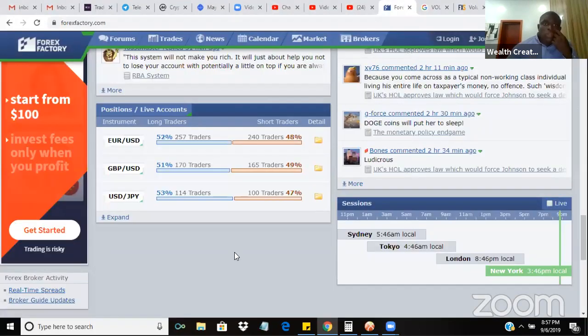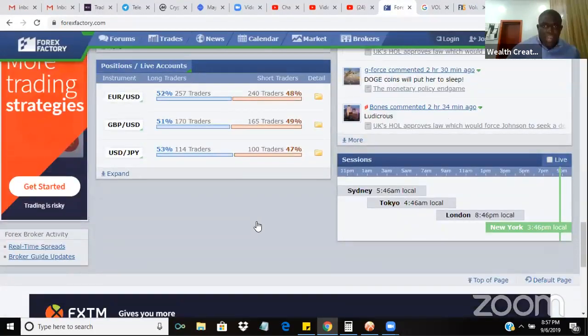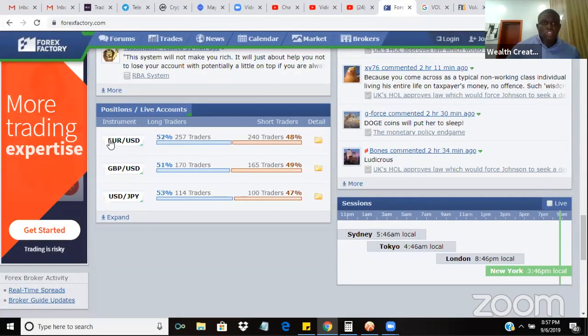You can use Forex Factory to know what is really happening, where people are pumping in money, but that doesn't change the direction of the market. The market will always go where it wants to go.